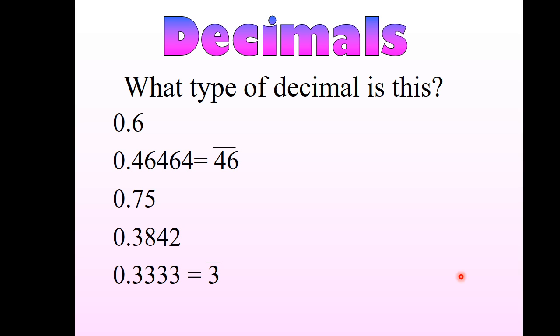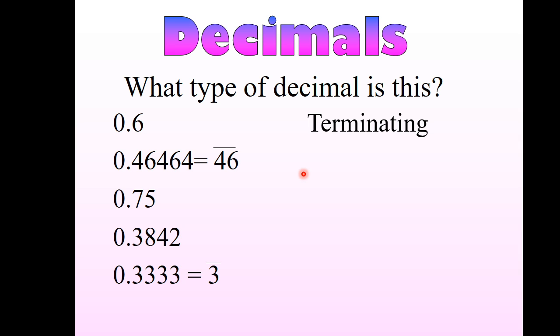Okay, welcome back. For the first one, since it ended, as you can see, 0.6 and nothing else after that, it is a terminating decimal. The second one seems to be just repeating 4, 6, 4, 6, 4, and then after that it will probably be 6, then 4, then 6, then 4, then 6.